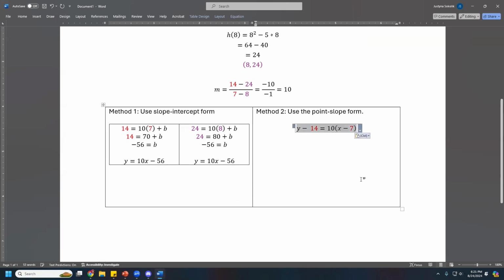So this line right here is equivalent to this line, and it's of course equivalent to this line as well. One way that you can prove to yourself that these things are the same line is by simplifying this and turning it into slope-intercept. The way that you would do that is just distribute the 10 here, so this would give me 70. And then I would add 14 to both sides.